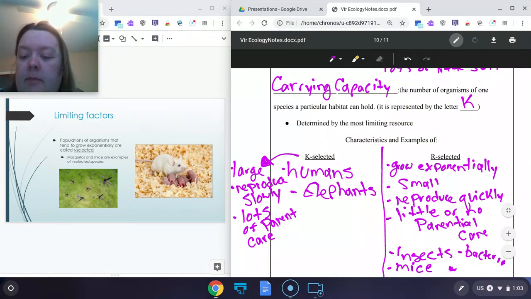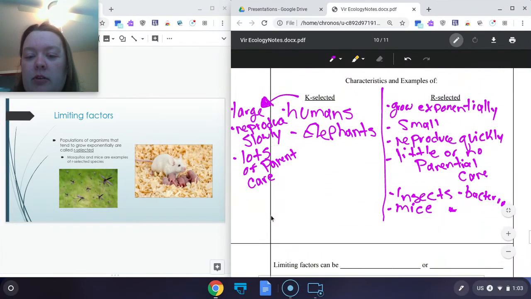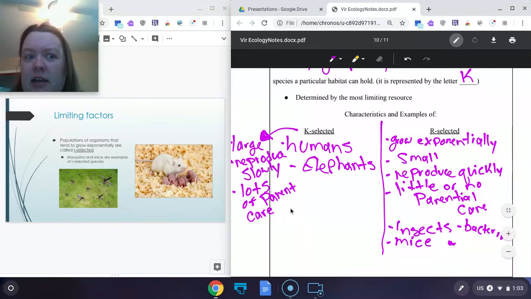Anything that reproduces quickly. Now, some organisms are going to kind of draw the line where it's like, what exactly is that one? Like turtles. They're kind of in the middle.